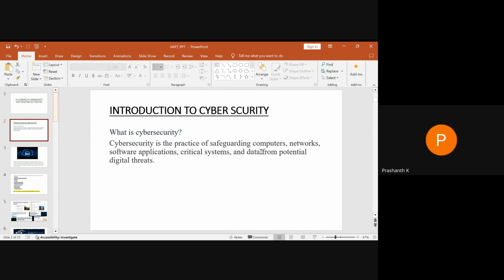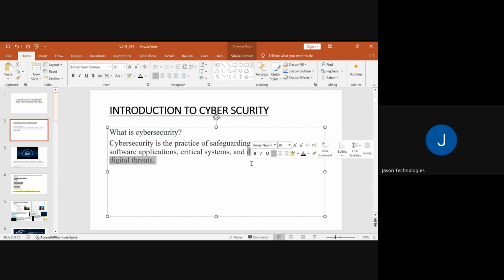And coming to protecting the data from potential threats. Data here can be represented as SQL databases, Oracle database, MySQL database. There are many databases existing in the market.